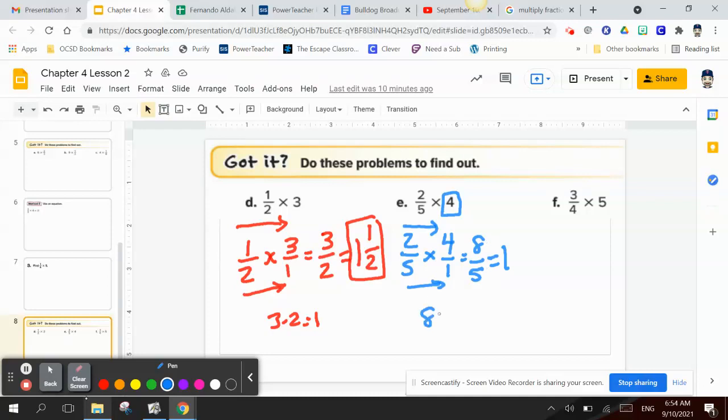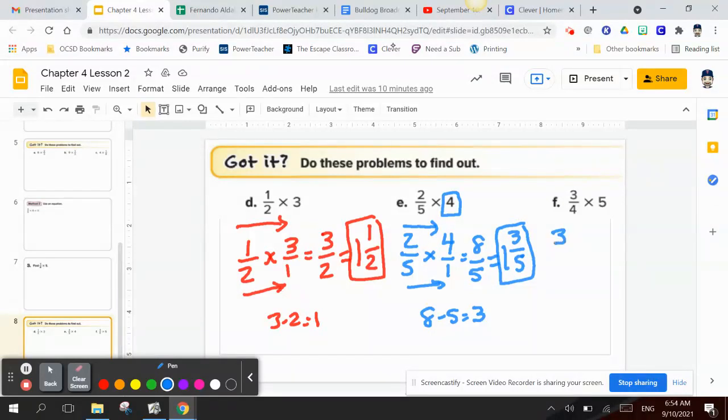So 8 minus 5 is 3. So 3 becomes my new numerator, and 5 is still my denominator. Try the last one on your own and pause the video so you can try it, and I will show you the answer.